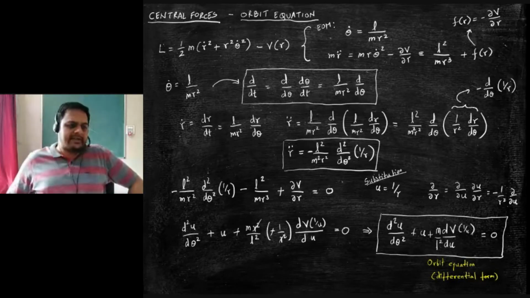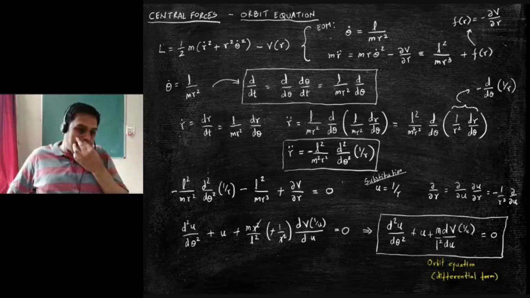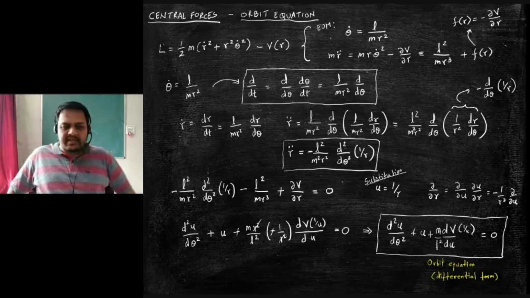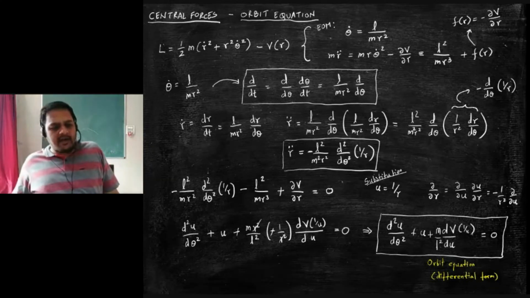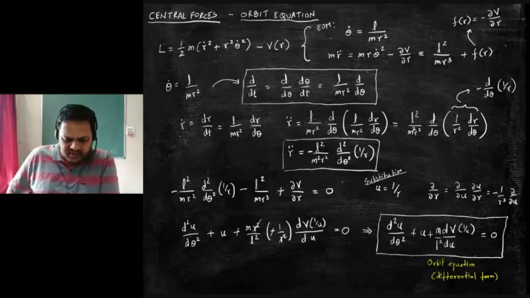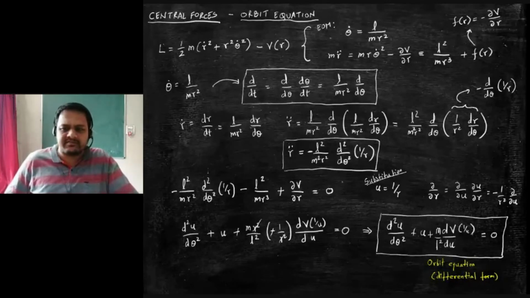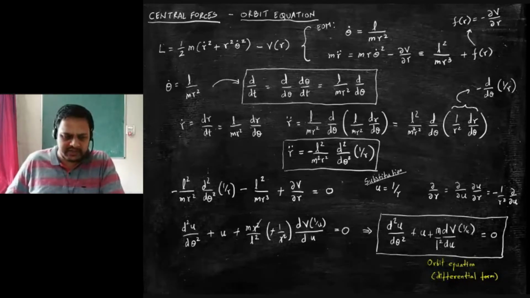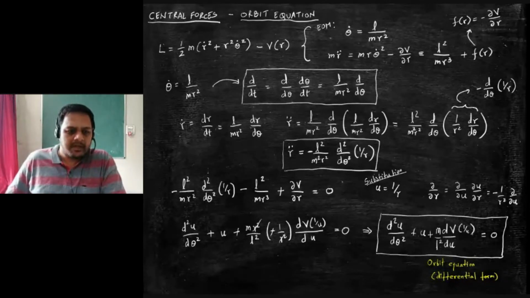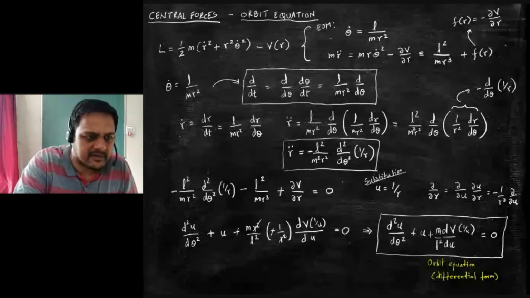Basically, what you have achieved here is that you have now got a differential equation which, if you solve it, you will get u as a function of theta. U as a function of theta basically means r as a function of theta, because just 1 upon that will give you r as a function of theta. So let us try to see how this works.